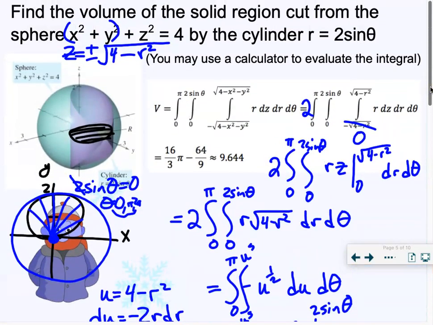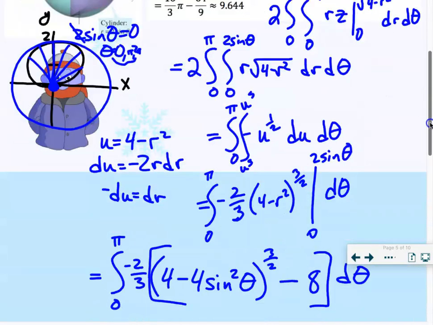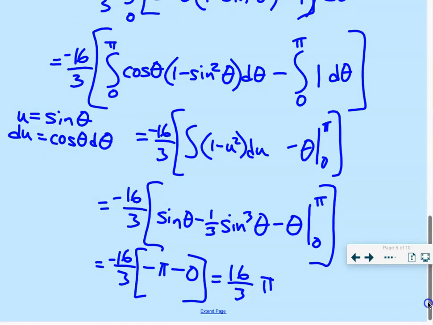16 thirds. Wait, how did I get minus 64 ninths? Oh, wait. No. Somewhere I made a mistake with subtracting something. Oh, minus, so minus pi.